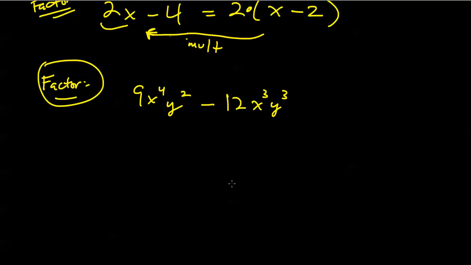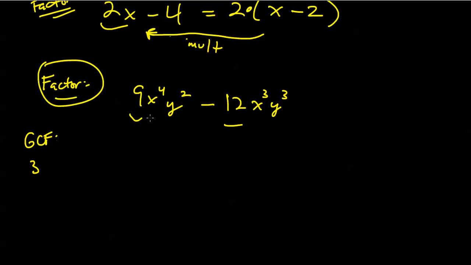What's the GCF of 9x to the 4th y squared minus 12x cubed y cubed? If I look at the coefficients first, 9 and 12, the GCF of 9 and 12 is 3, is it not? The greatest number that's a factor of both those numbers is 3.